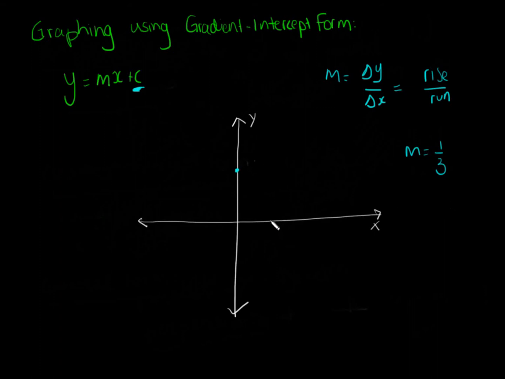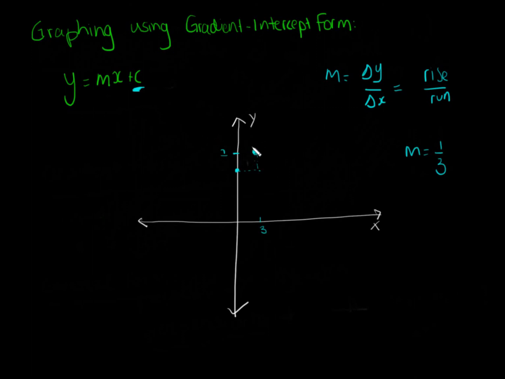So if we move forward so that x increases by 3, y increases by 1. Using the gradient, we can plot out where each point on the line will be.